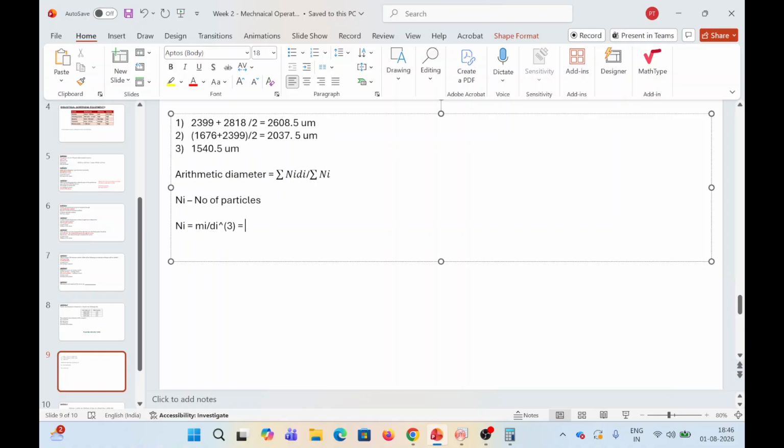We need to calculate the number of particles Ni, so we take the mass fraction and divide that by Di cube. Again, this is proportional. We are taking out the proportionality constant and writing it as equal to. So please keep that in mind.